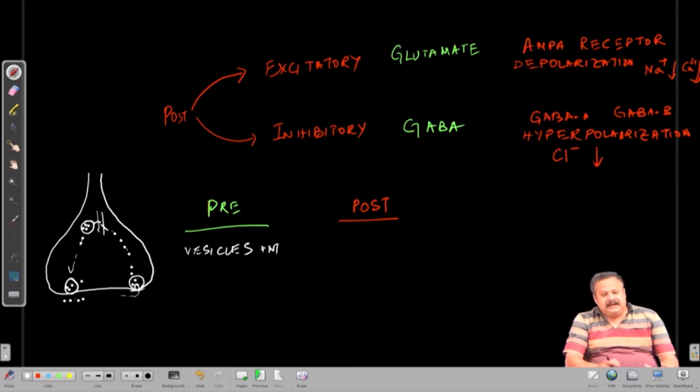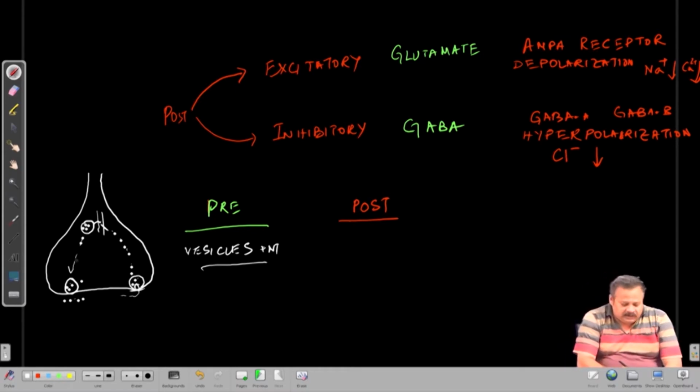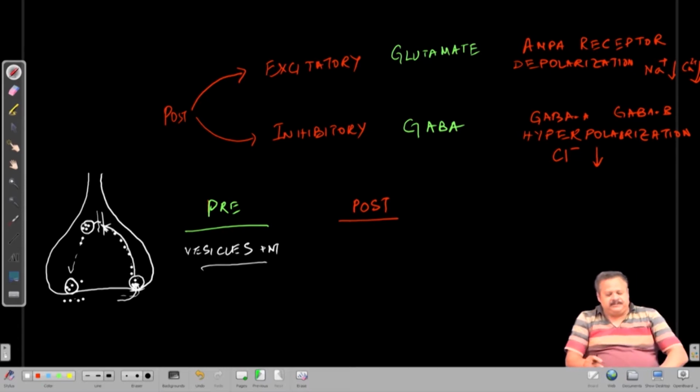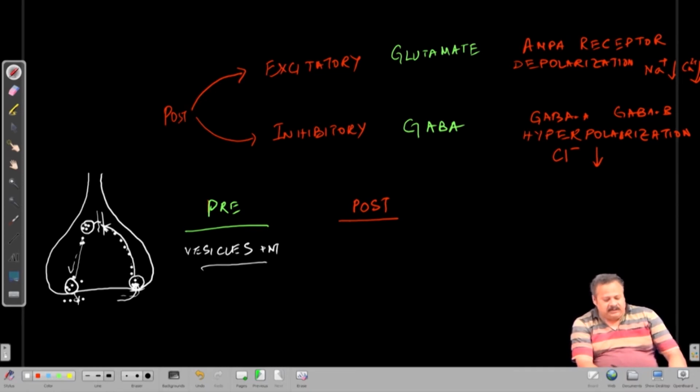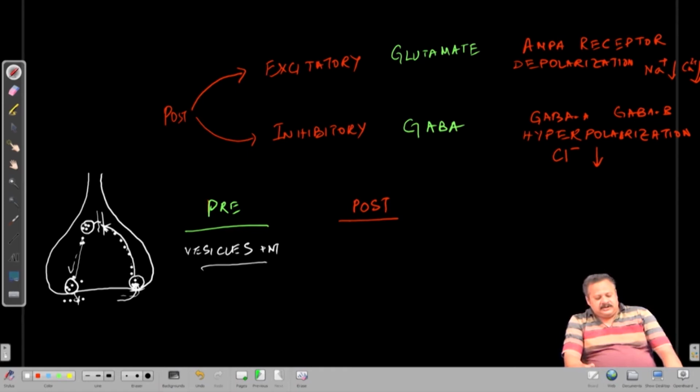So, this itself can produce a change in synaptic transmission or synaptic strength. The process of reuptake of the neurotransmitter and being repackaged back into vesicles requires a much longer time than it requires for the vesicles to go and be bound to the membrane and release the neurotransmitter into the synaptic cleft.